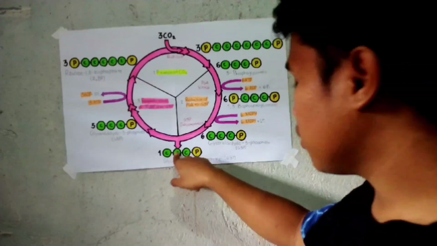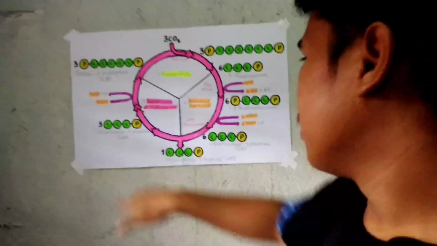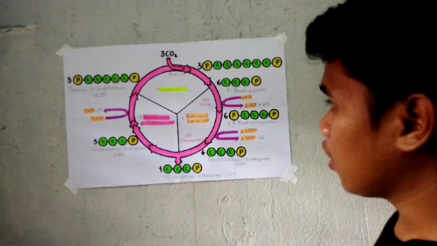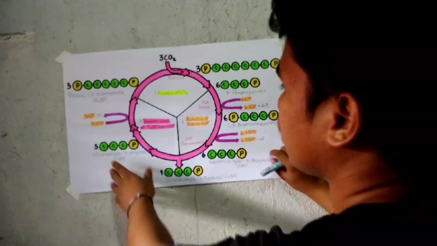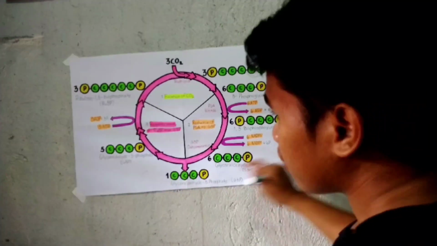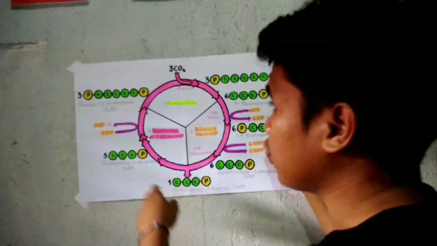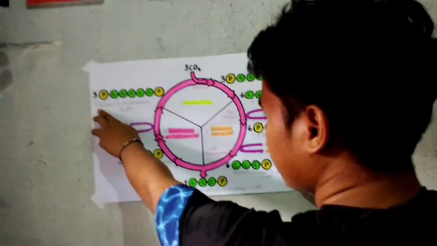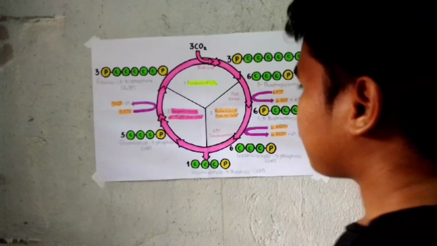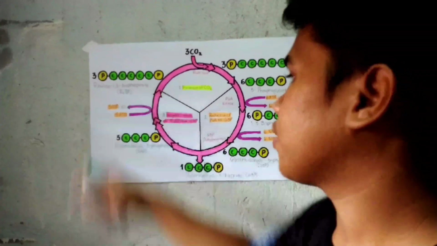The 5 G3P carry the equivalent of 15 carbons. And as I said earlier in my discussion, a ribulose 1,5-bisphosphate, or RuBP, contains 5 carbons and 2 phosphates.